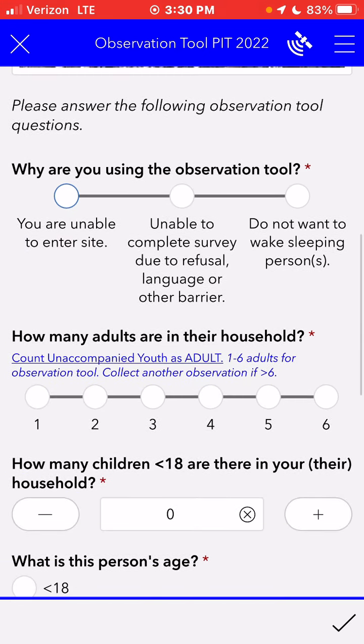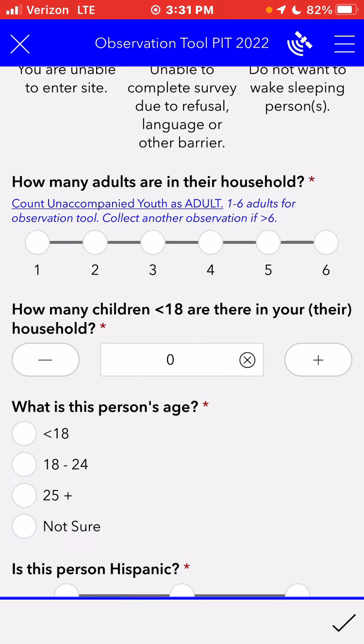Moving on, it says, please answer the following observation tool questions. Why are you using the observation tool? You're unable to enter site, unable to complete survey due to refusal, language, or other barrier, or you do not want to wake sleeping persons. How many adults are in their household? So unaccompanied youth are counted as adult.